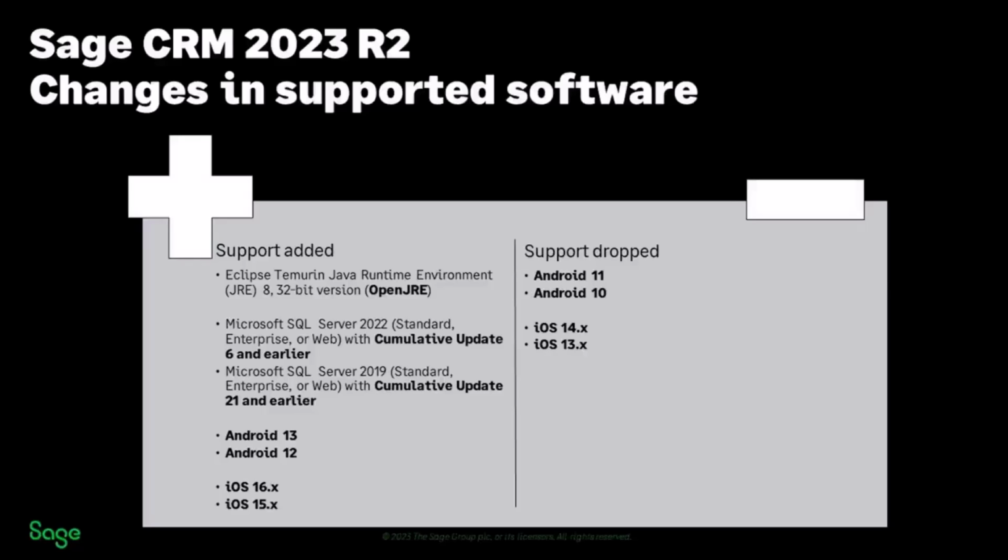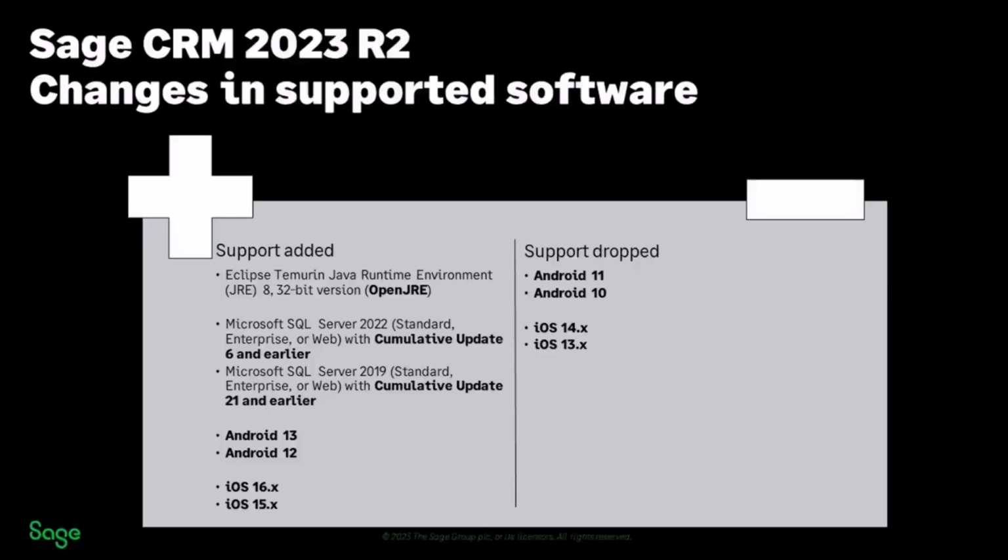We have dropped some support for different phone operating systems. We've dropped support for Android 10 and 11, and we've dropped support for iOS 13 and 14. We've added testing for Android 12 and 13 and iOS 15 and 16.